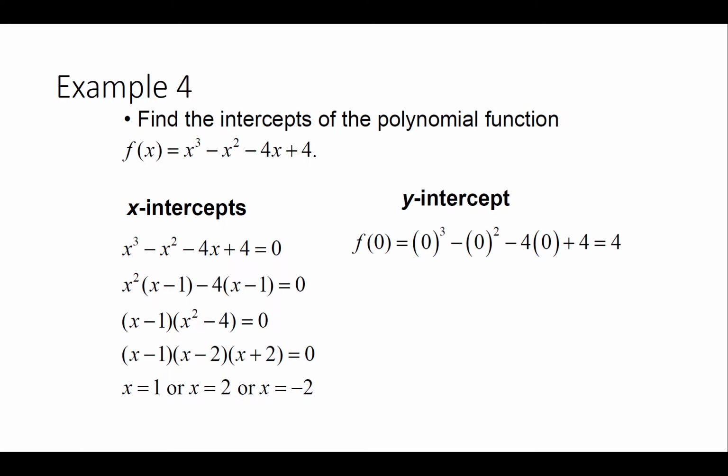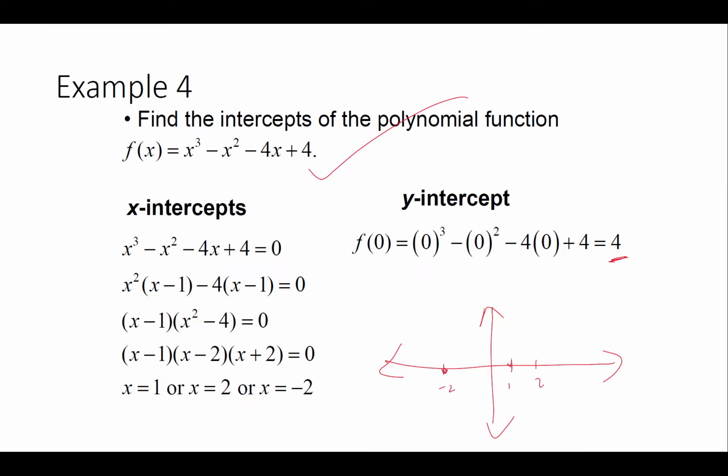And for the y-intercept, I just have to put x equal to 0 in the given function, and that gives me the y-intercept. So if you have to plot the graph of this function, then for sure you know that this graph is passing through positive 1, positive 2, and negative 2.